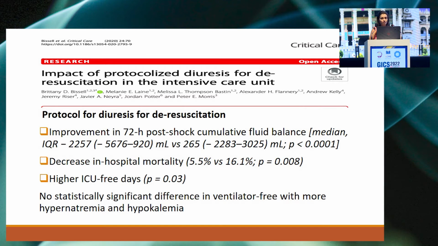So we don't know whether this deresuscitation, of course it is important, but there might be some side effects of deresuscitation, and still we don't know whether it really causes benefit or not. With over aggressive deresuscitation we should not cause other organ failure, because the majority of the studies are retrospective or case based.